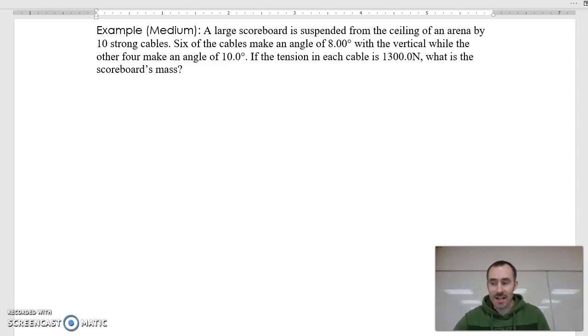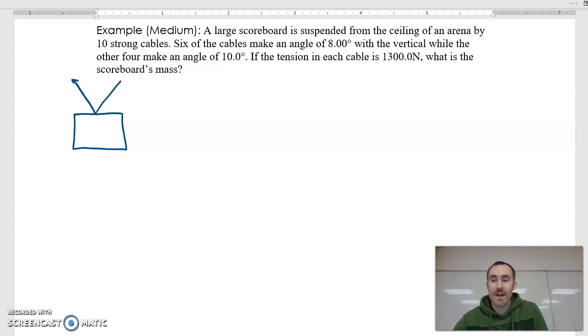So what this is saying is that we've got a scoreboard like this, and it's got 6 cables making an 8-degree angle with the vertical. So let's say, I'm going to exaggerate this for the sake of the drawing. There you go. And then 4 of them make an angle of 10 degrees.